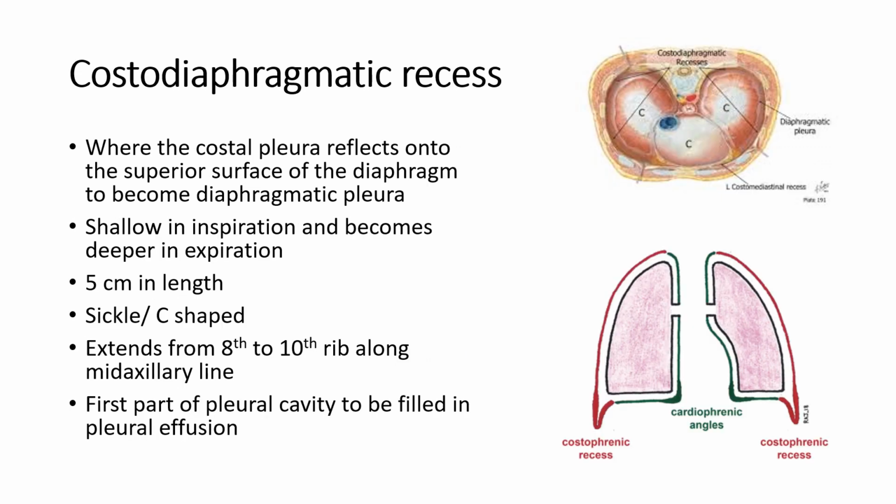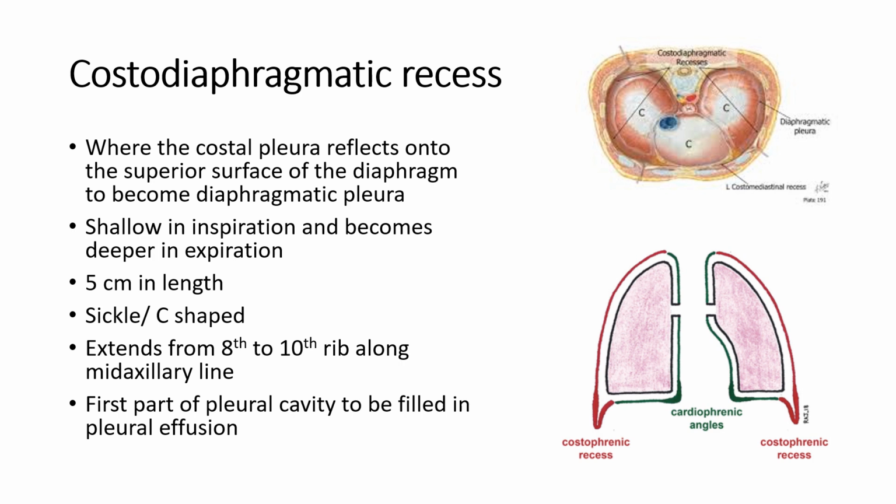Costodiaphragmatic recess is formed when the costal pleura reflects onto the superior surface of diaphragm to form diaphragmatic pleura. This recess is shallow in deep inspiration and deep in expiration, approximately 5 centimeter in height, and it is C-shaped or sickle shaped.